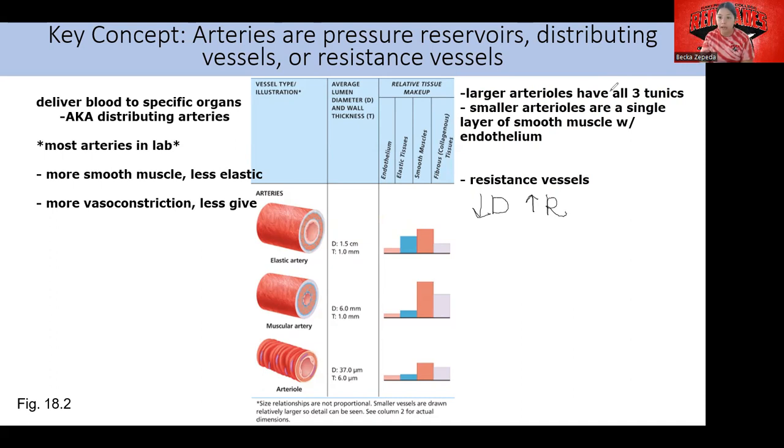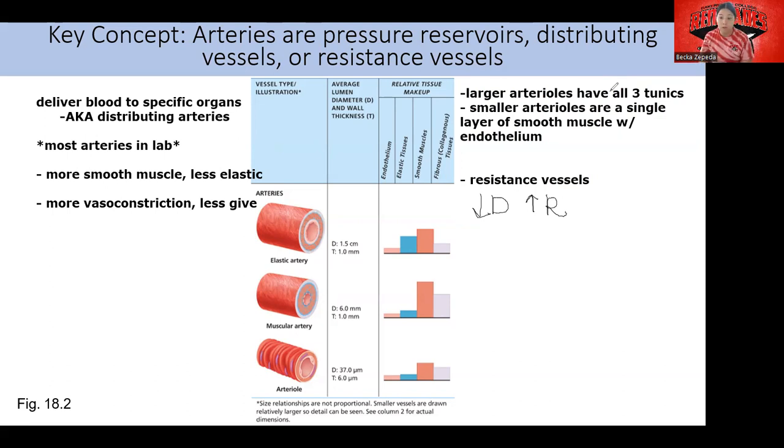Okay, you can think of it as if you're drinking a smoothie or a milkshake, it is much easier to drink that milkshake from a thick straw than it is from a tiny, skinny straw. Okay, there's a higher resistance to flow when the diameter is smaller. Okay, so these smaller vessels have a smaller diameter and therefore a higher resistance to blood flow.